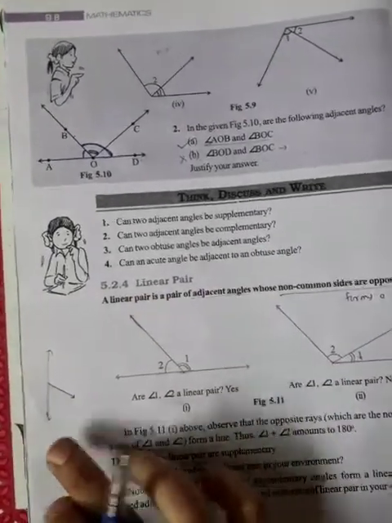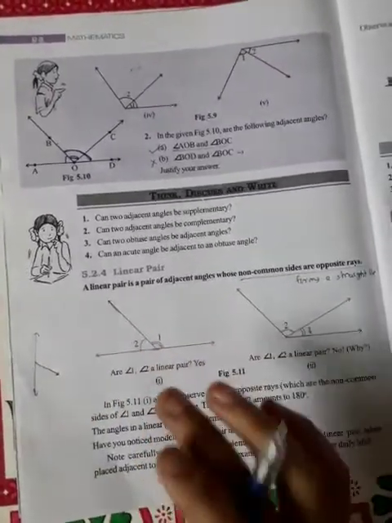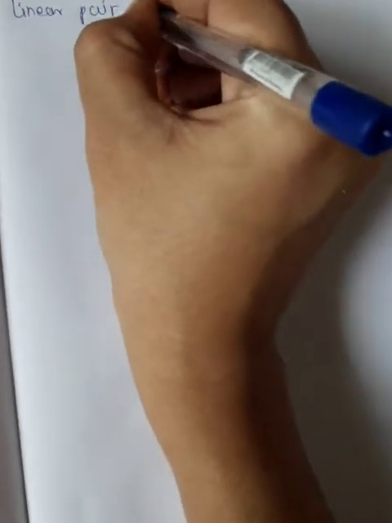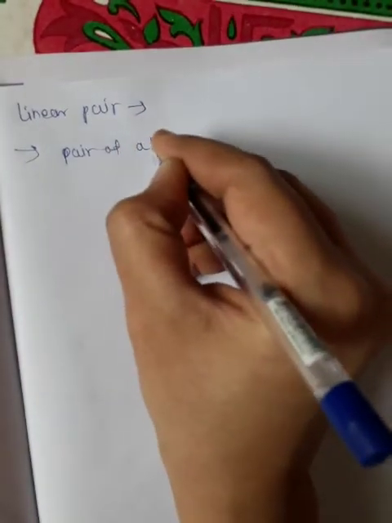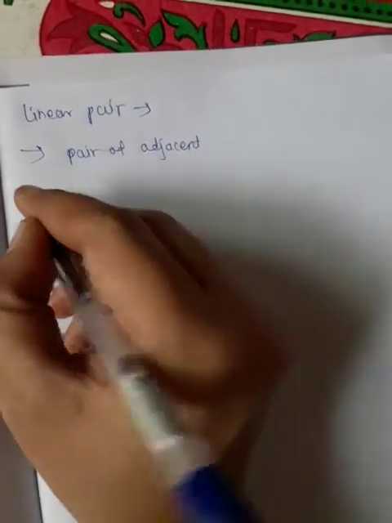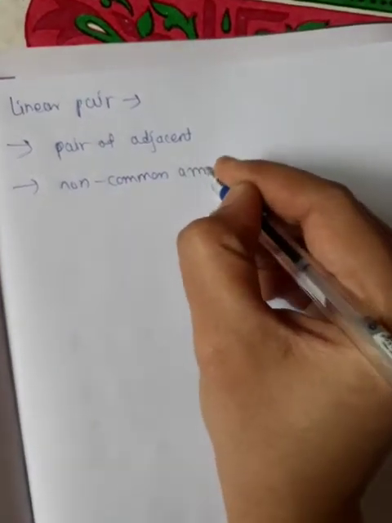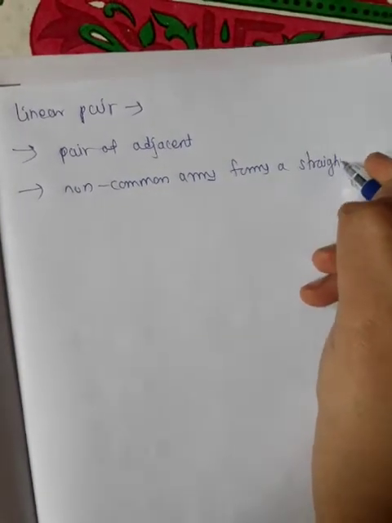So what we have discussed: when we say two angles are in a linear pair, first of all it must be a pair of adjacent angles, and second, the non-common arms form a straight line.